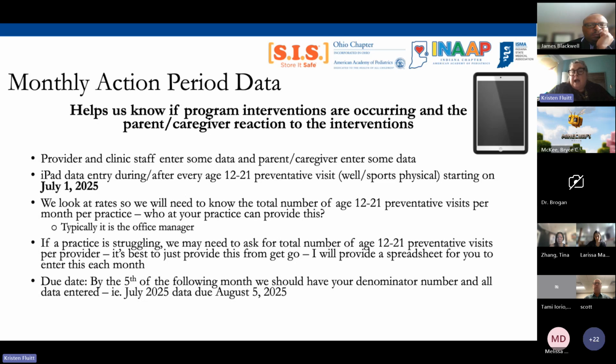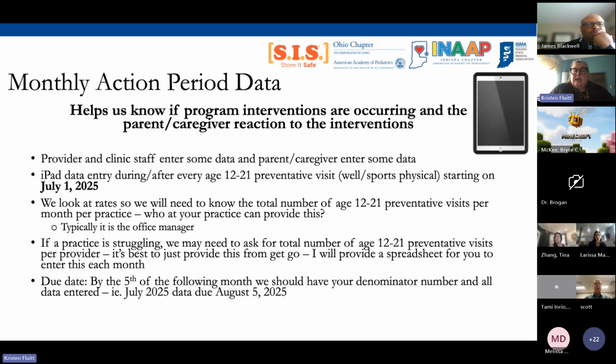So you should have your iPads in hand. We sent those out, and I think we saw confirmation that everyone had gotten those. If you, for some reason, don't have your iPads, let me know. It may be that somebody at your practice picked them up or got them delivered to them.